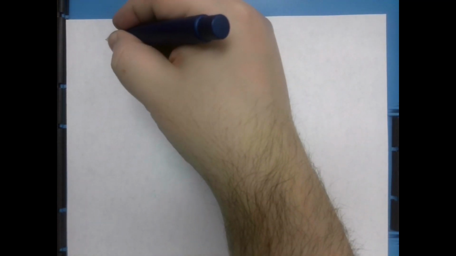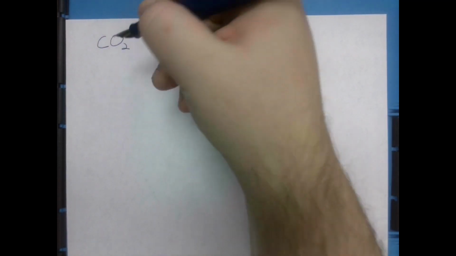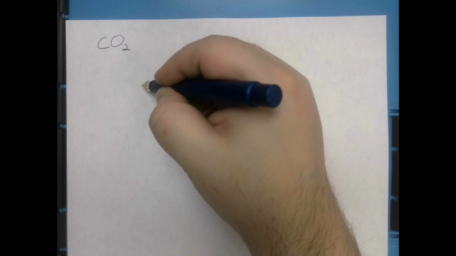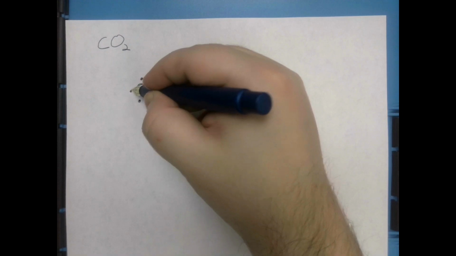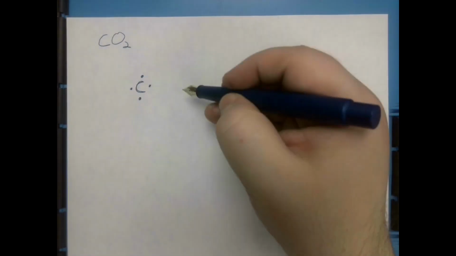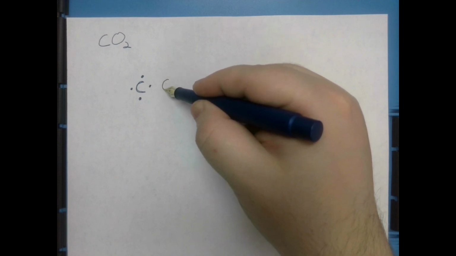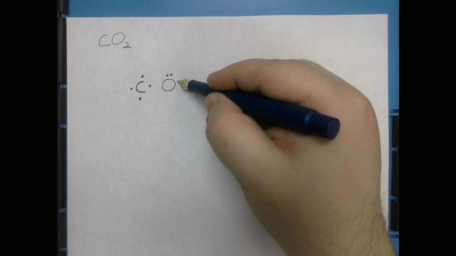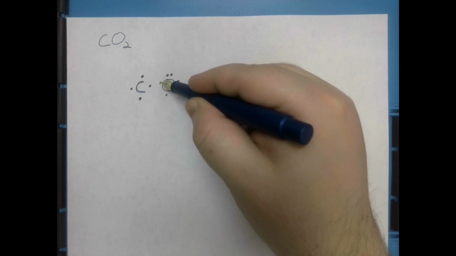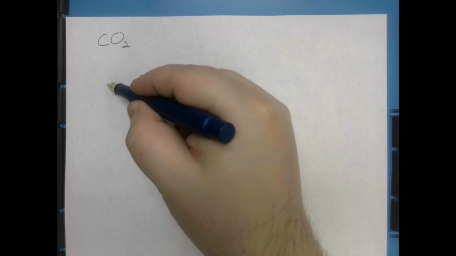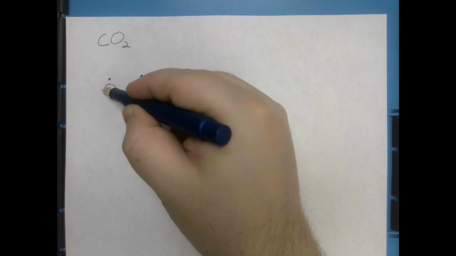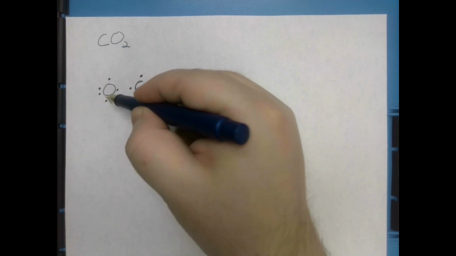So if we look at, let's say, carbon dioxide, we usually always put carbon in the middle. Carbon has 4 valence electrons. And we have oxygen on one side of it, and another oxygen is going to be on the other side.